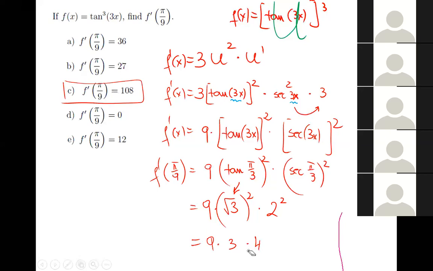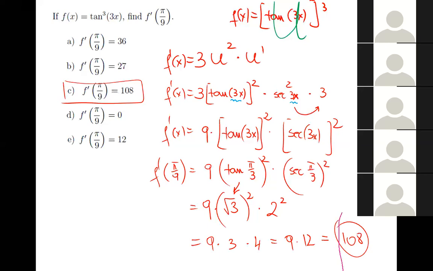Which way can we do it? 27 times 4 or maybe 12 times 9? I think I like 12 times 9. Of course, no calculators, right? 12 times 9, I think it's much faster to get 108. Either way, okay. Of course, the last line is not really a challenge, but make sure that you know your chain rule and all of the trigonometric functions.